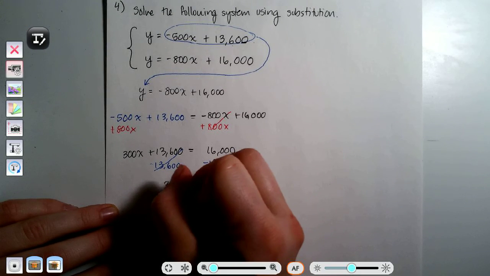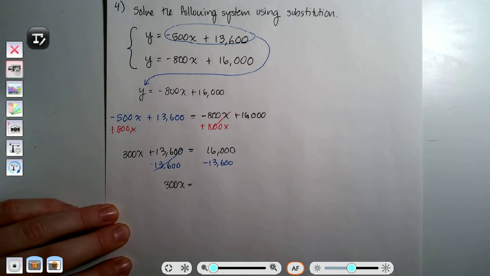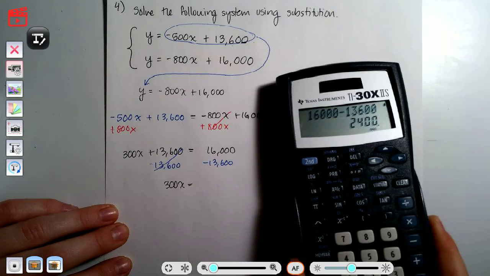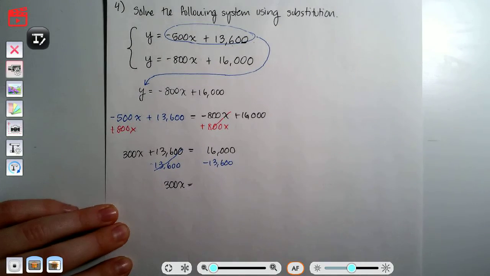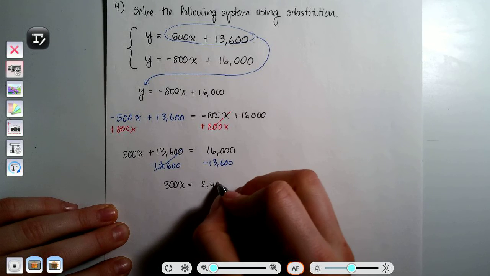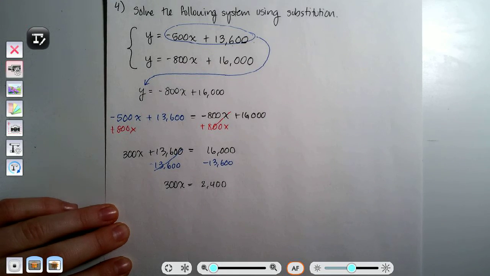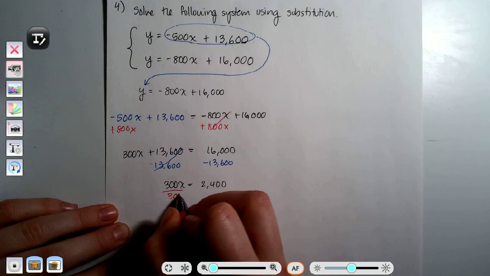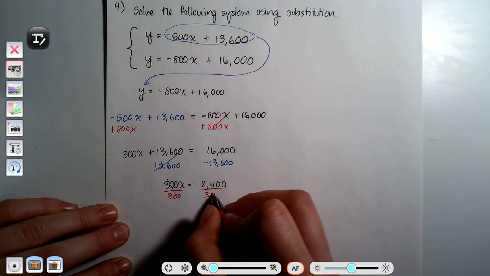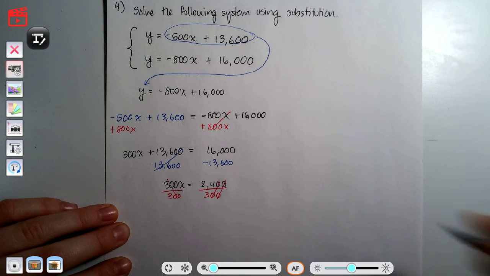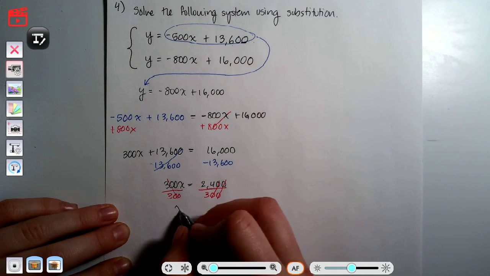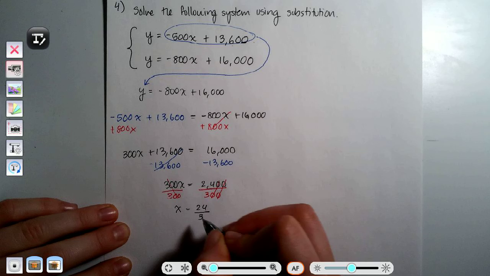And we're left with 300x equals, and punching that out on my calculator, I get 2,400. All right. Ooh, we've almost solved for x. Let's divide by 300 from both sides. And simplifying this, I can cancel those zeros, and then I'm left with x equals 24 divided by 3, which is 8.